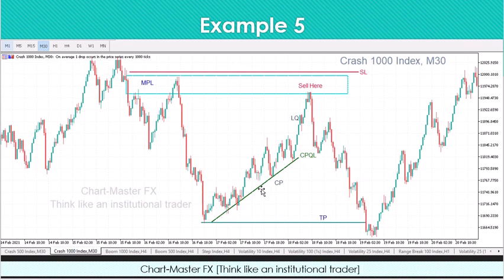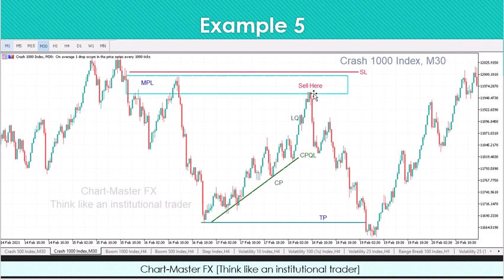So once you draw your compression here, you have to calculate the angle here. If it's less than 45 degrees, then it's good to go. Usually when it's greater than 45 degrees, then it might be a problematic thing. So once you validate that your compression is good, you wait for the liquidity pool.